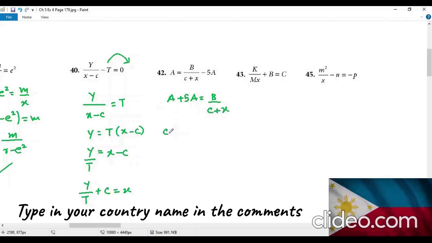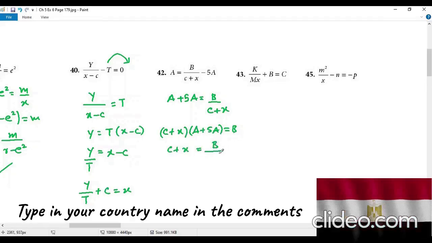So c plus x is going to be multiplied by a plus 5a equals b. Now I will take the quantities which do not have x. So c plus x is multiplying here, other side it will go and divide like this. So a plus 5a is going to be a 6a.